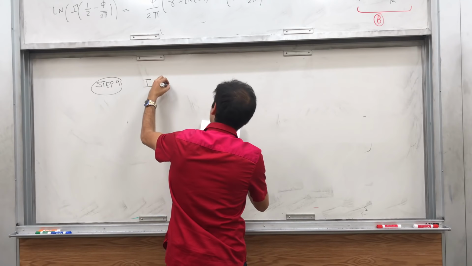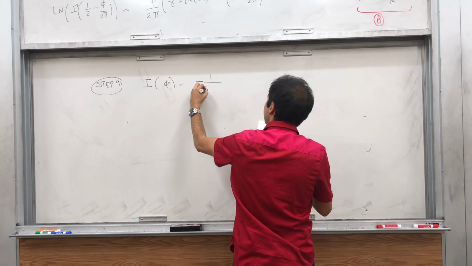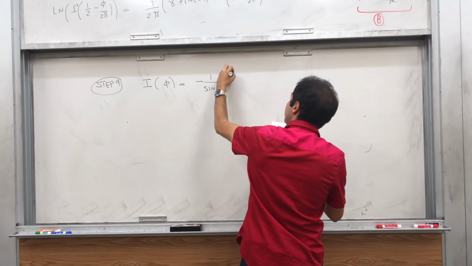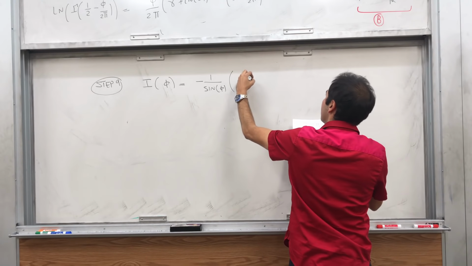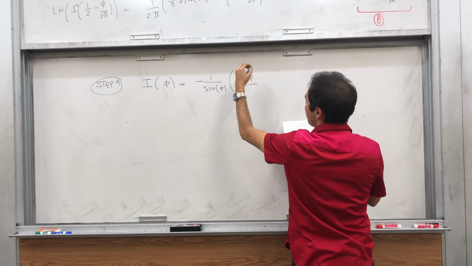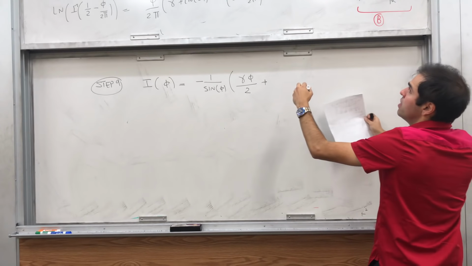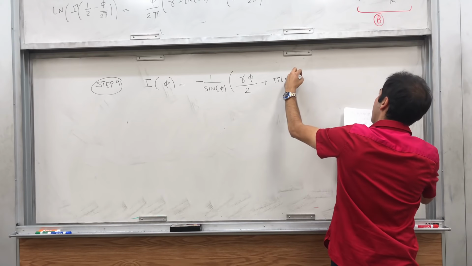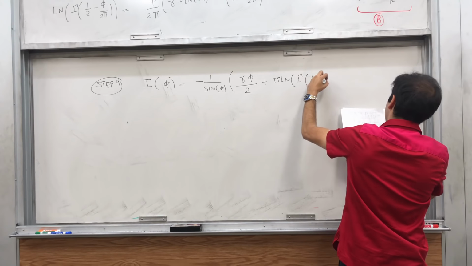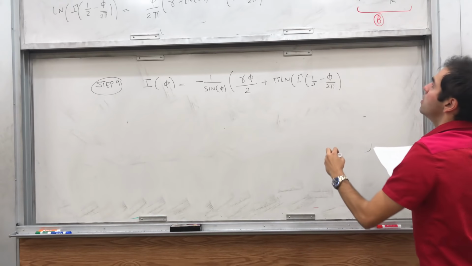So I of phi then becomes, again, minus 1 over sine of phi times a plus b. Remember, we want a to be gamma phi over 2. And then the other terms were, so plus pi ln of gamma of 1/2 minus phi over 2 pi. So we had this.